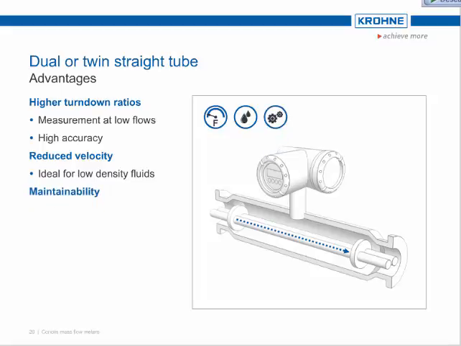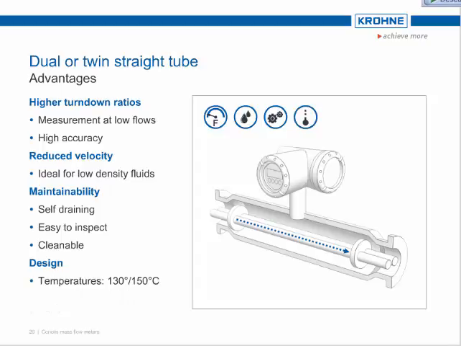The maintainability advantages of twin straight tube designs are self-draining, easy to inspect, and cleanable. Generally, twin straight tube meter designs can operate at moderate temperatures up to 130 or 150 degrees Celsius depending on manufacturer. The twin straight tube designs are available from DN15 up to DN300.